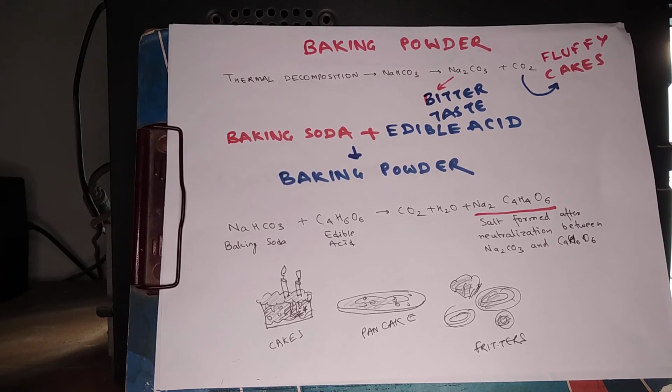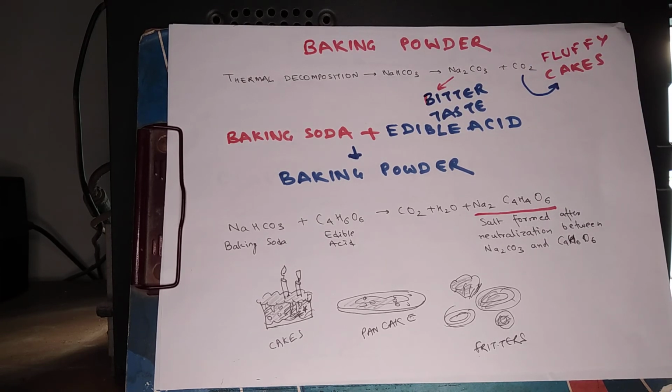The thermal decomposition of baking soda also produces sodium carbonate, and sodium carbonate results in a bitter taste. So to avoid this bitter taste, baking soda is mixed with edible acid to make baking powder.